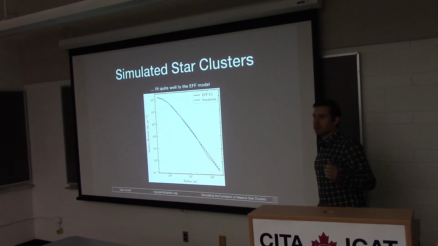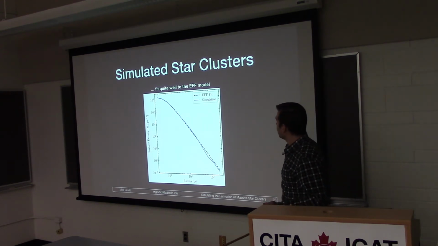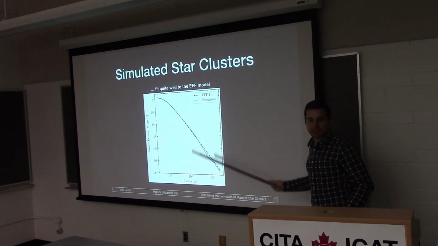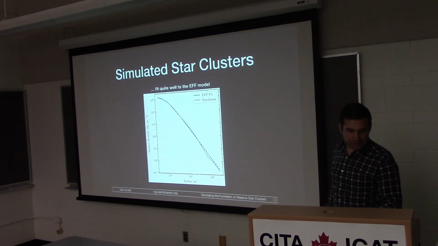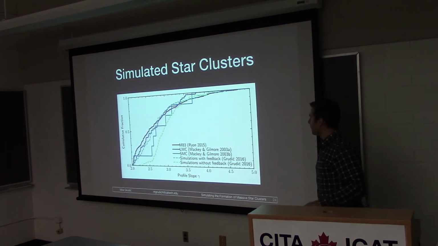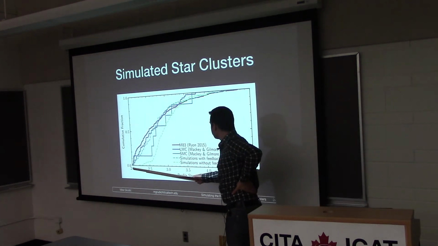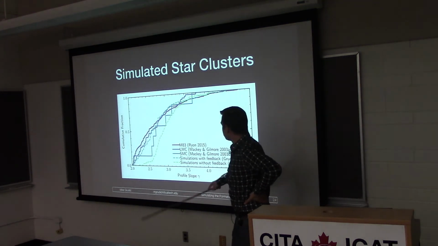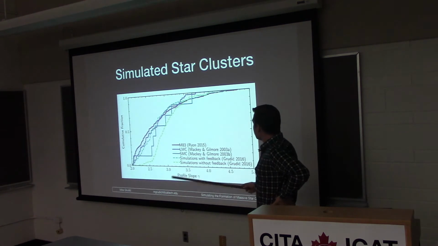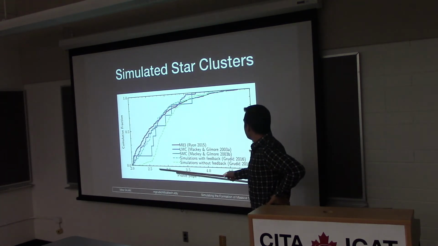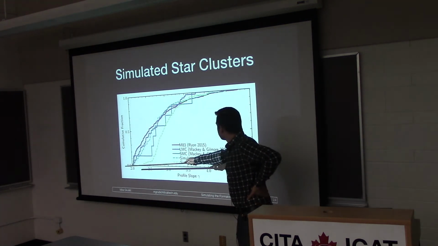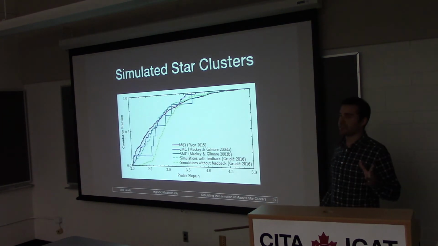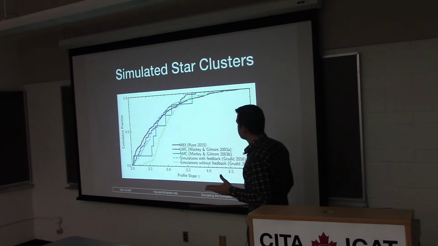We've looked at all of the star clusters that form in the simulations, and we find that they actually fit quite well to this same Elson 1987 surface brightness model. What's more is that we can look at the cumulative distribution of the slope of that density profile. I mentioned that most of them are between 2 and 4, with a median around 2.5. These dashed curves are the simulations, which form entire populations of star clusters, so we can get these statistics.